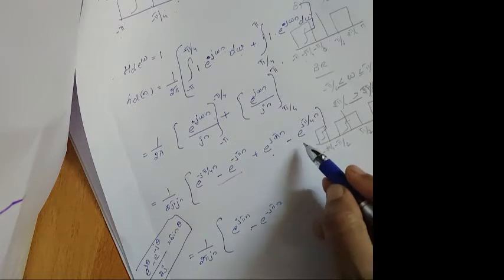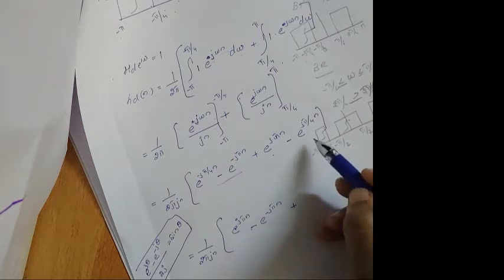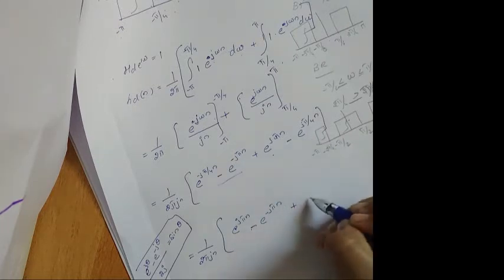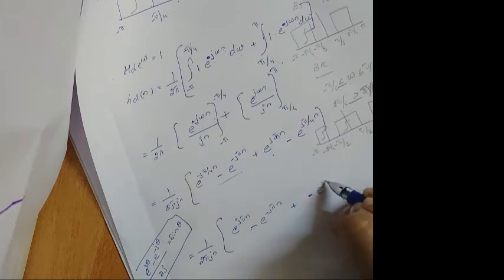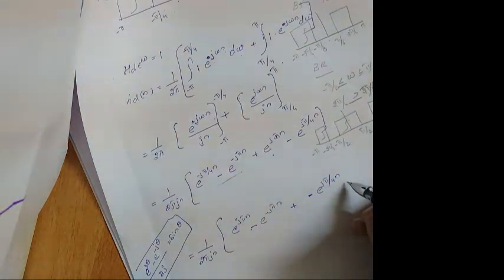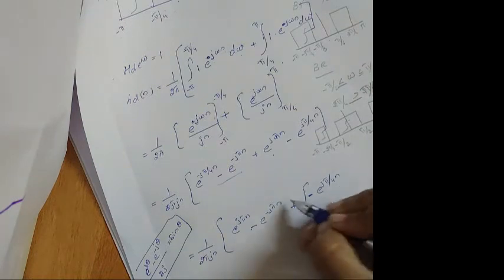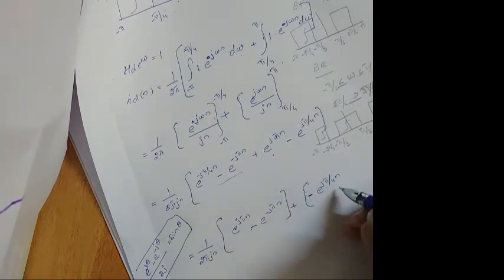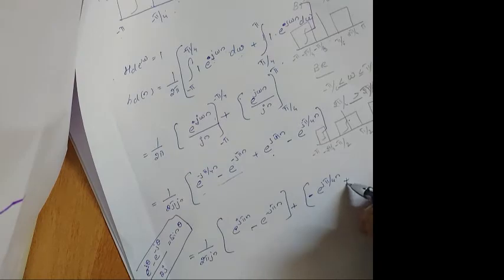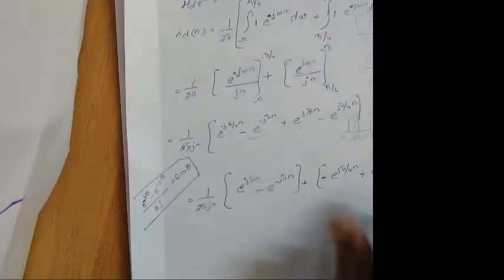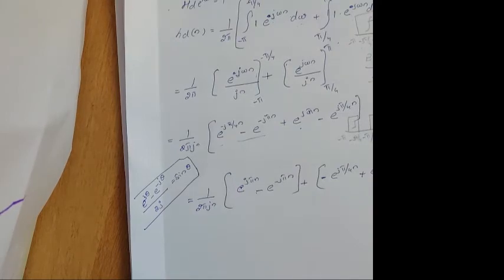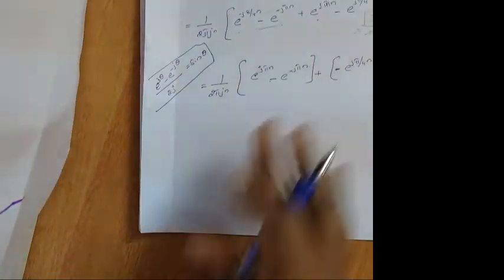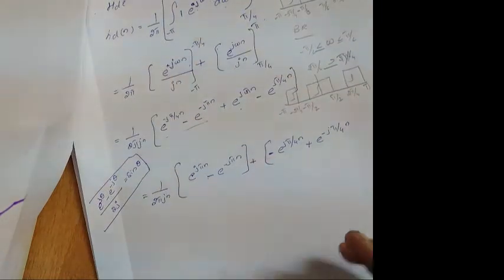Okay, the next term plus, here you will come minus e raised to j pi by 4 n, and here it is plus e raised to minus j pi by 4 n.